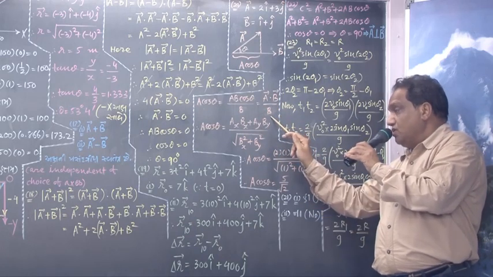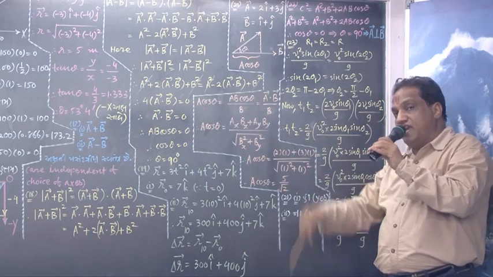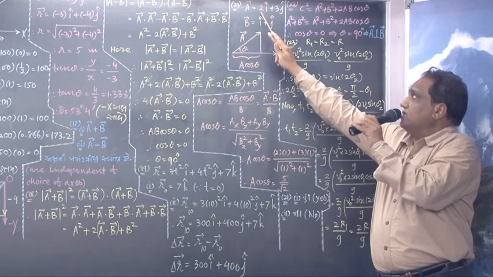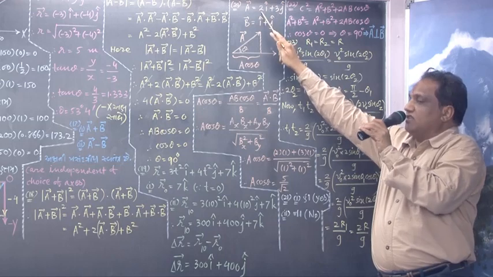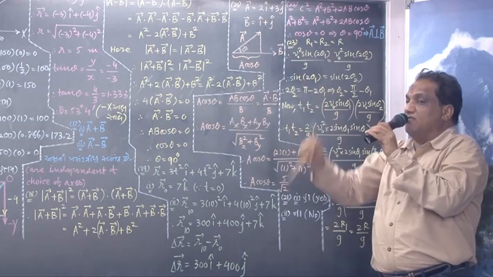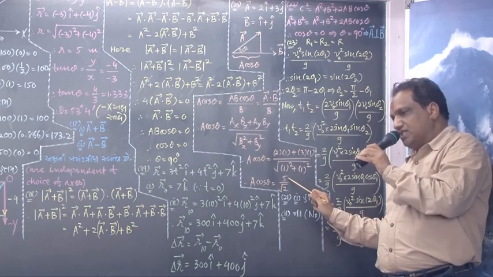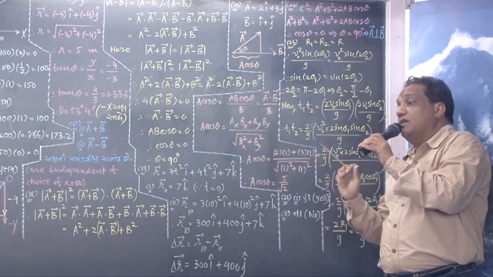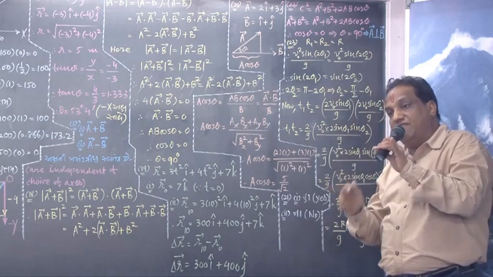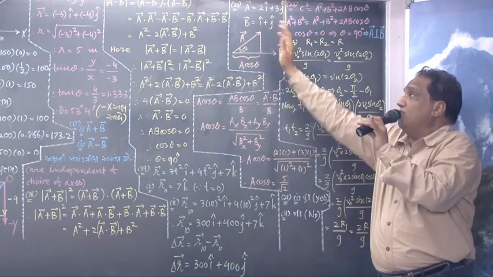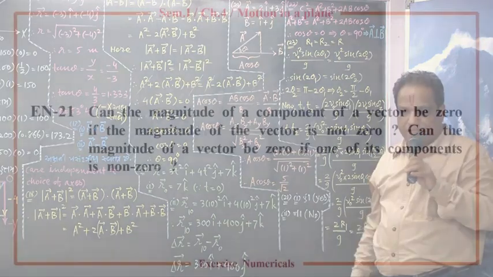But in the denominator you will get A equals under root of ax square plus ay square. Ax is 2, ay is 3, 2 square is 4, 3 square is 9, 9 plus 4 is under root 13. So the numerator will be the same 5, but in the denominator you get under root 13. Correct? If it is the component of vector B along vector A. Next.